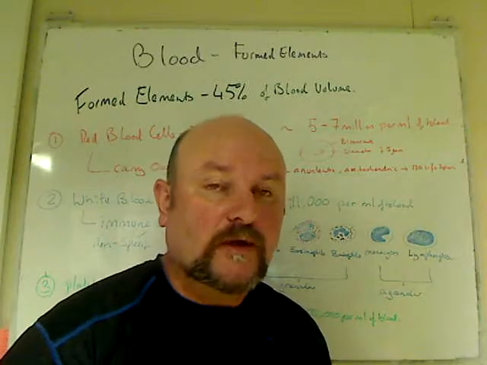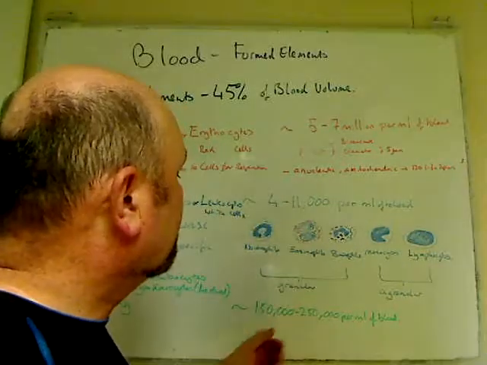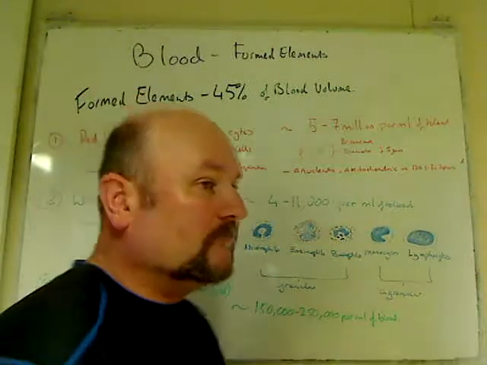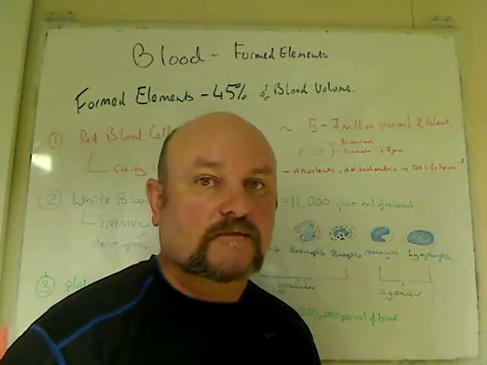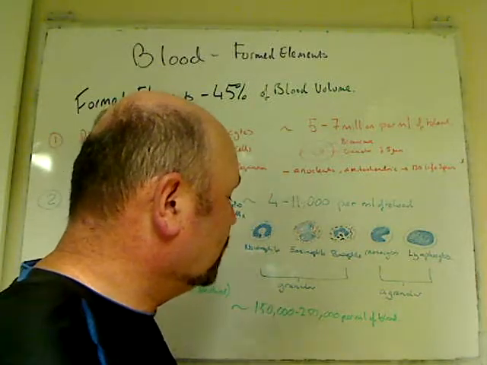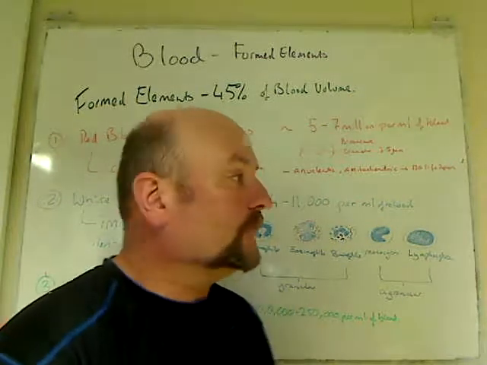For every one white blood cell you'll find 1,000 red blood cells. And then slightly more numerous than white cells, we've got the platelets, which are actually parts of cells. They're fractionated megakaryocyte cells. And between 150 and 250,000 would be a normal range for your platelets.